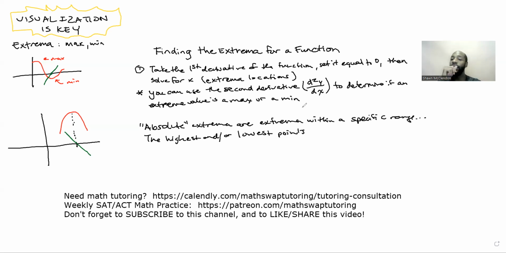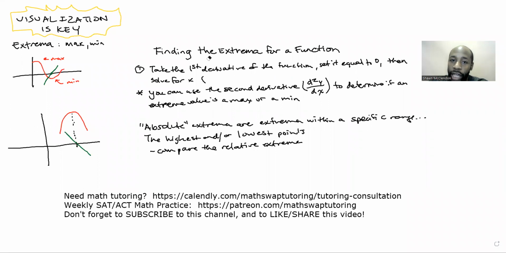Okay, so basically what you need to do to find the absolute extrema over a range is compare the relative extrema. You find the relative extrema by taking the first derivative and setting it equal to 0. And so let me actually amend this here. I should call this relative extrema locations.